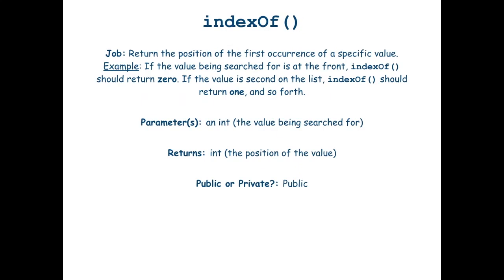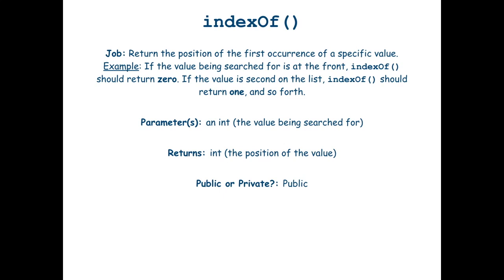And next, you have the indexOf method, which returns the position of the first occurrence of a specific value. So, for example, suppose the value that I'm looking for just so happens to be at the front of the list. Then the number that should be returned is 0, because 0 is always the index of the first element in a container.